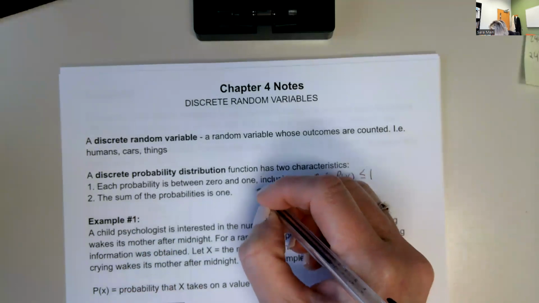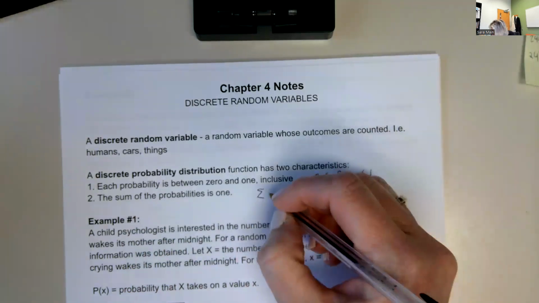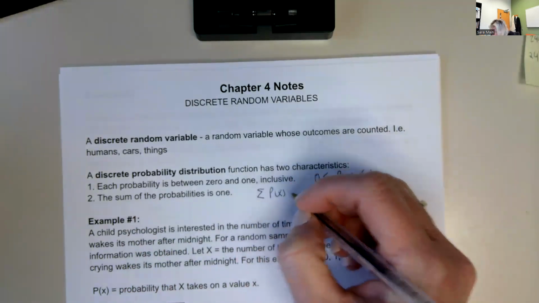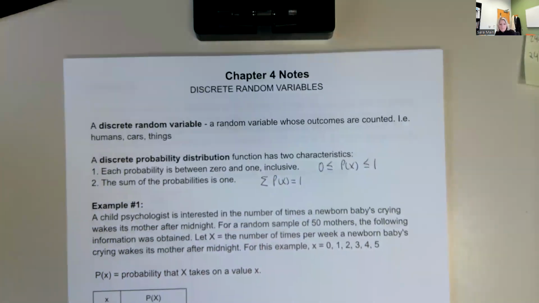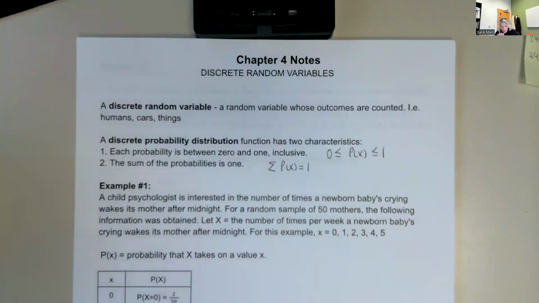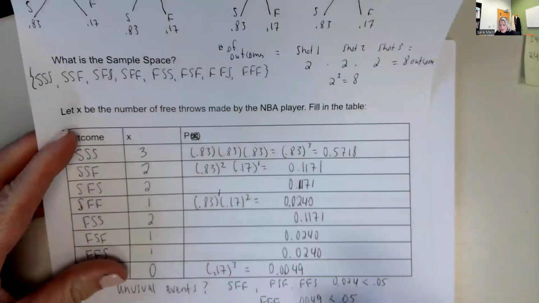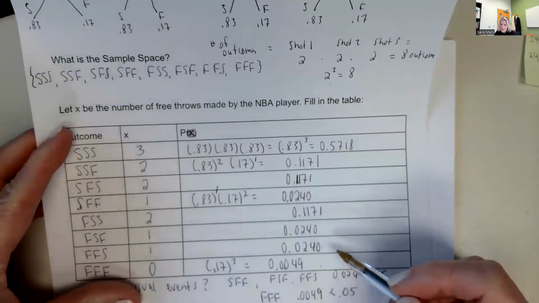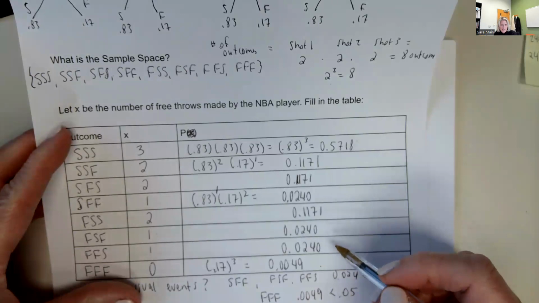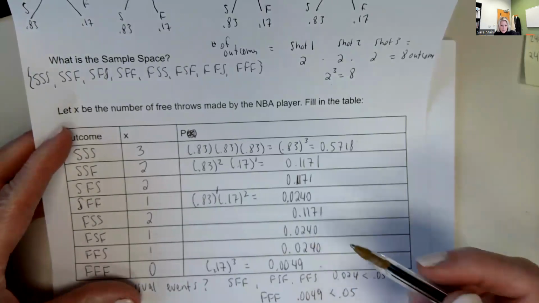We can show that by this summation symbol. So we're adding up all of the individual probabilities and they have to equal 1. So if we were to go back and add up all of our probabilities from these 8 outcomes, they should equal 1. They might be 0.999 depending on our rounding.